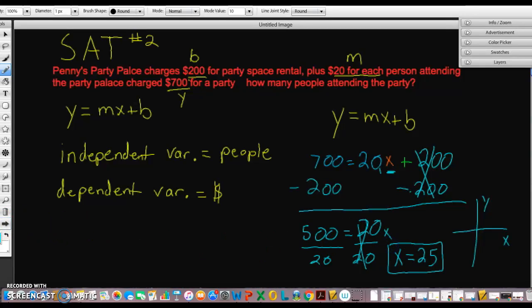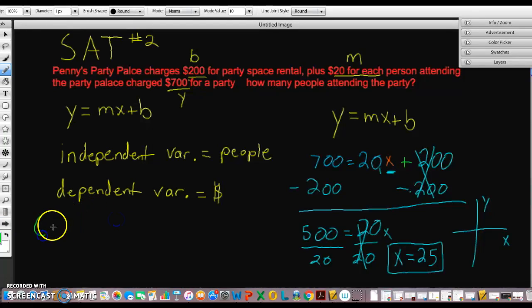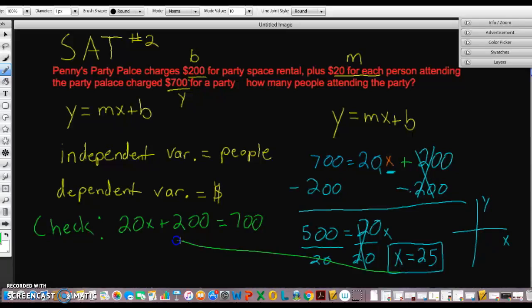If you want to, you can check to see if this is correct, because it should equal $700. With our same function, I'm just going to rewrite it: 20x plus 200 equals 700. When we substitute x into here, we should get 700. So let's go ahead and do that.